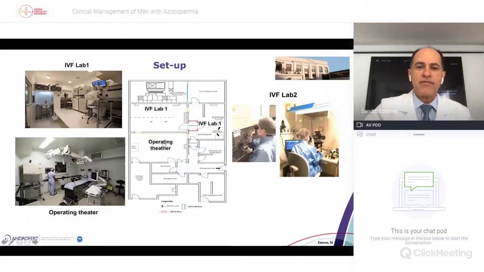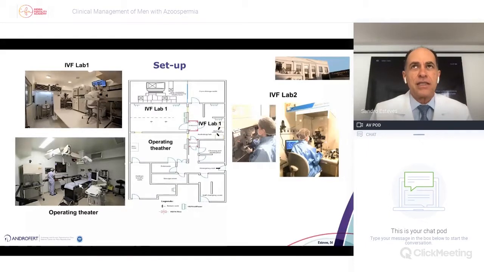Or if you have a day in which the workload is not so heavy, you can have both embryologists working concomitantly, searching for sperm from the specimens you take in the operating theater. This is very nice because the embryologist will provide information about the sperm, about the number, immediately.